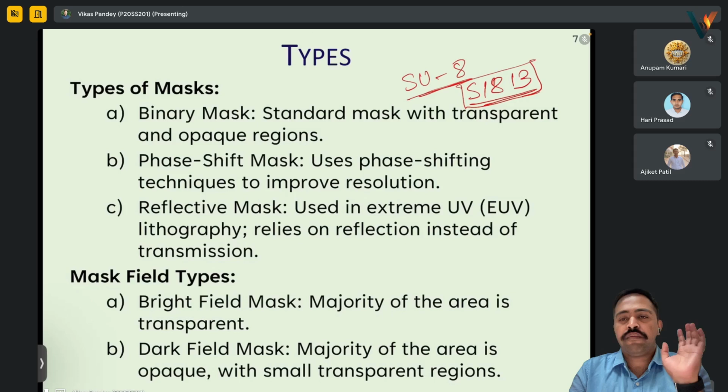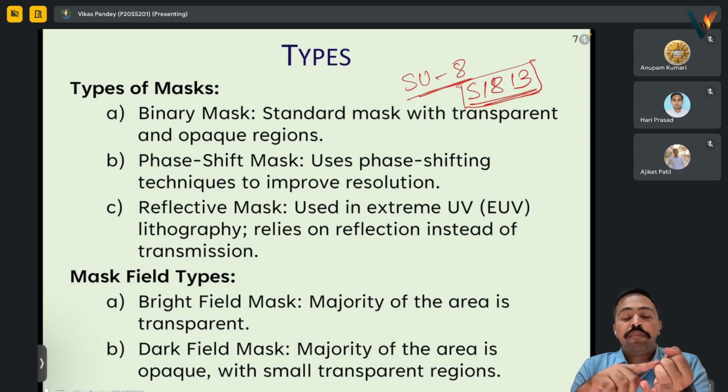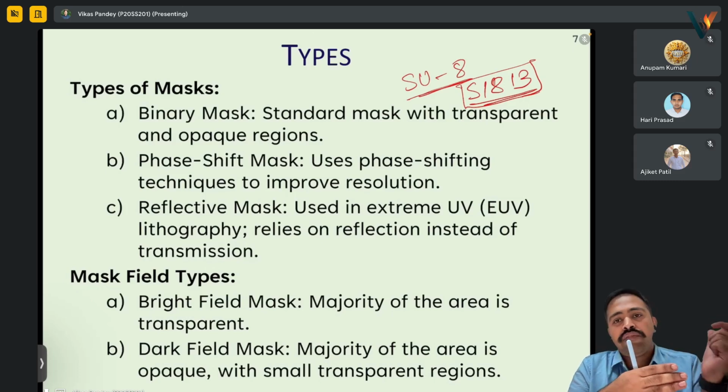It has the whole parameters for how much rotation speed you will get with what thickness, what will be the development time, and what are the specific developers. If you are using one kind of developer, it might develop in say 50 seconds. For another kind, there are two or three developers that can work for this one single PR.